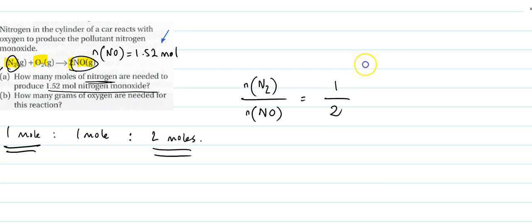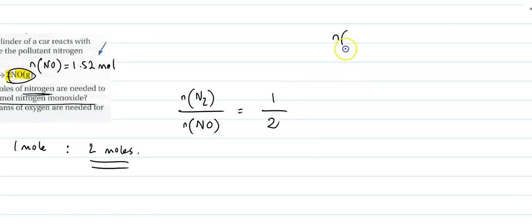So I prefer to put this in a fraction straight away rather than to write out a ratio like this. This is fine too. So the ratio of number of moles of nitrogen to nitrogen monoxide is 1 to 2. And then you can turn these into fractions. Okay, so then we'll get rid of the colons and make that a fraction too.